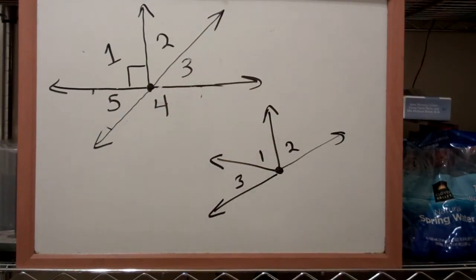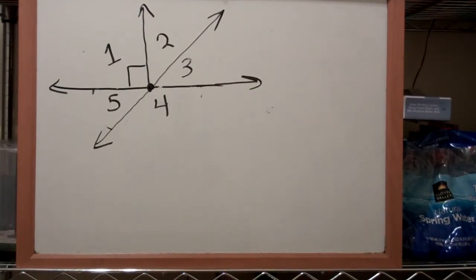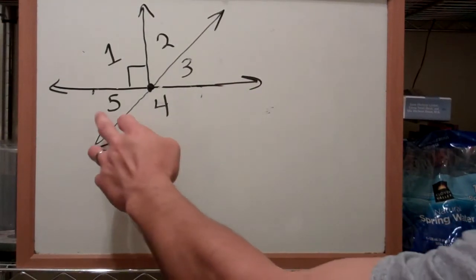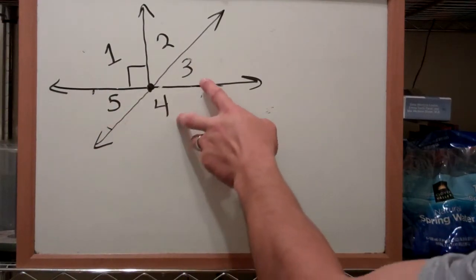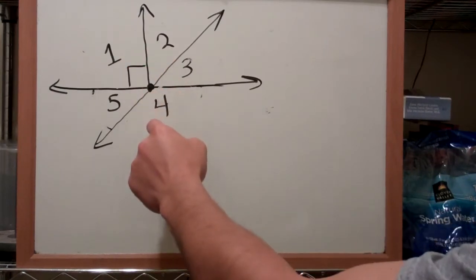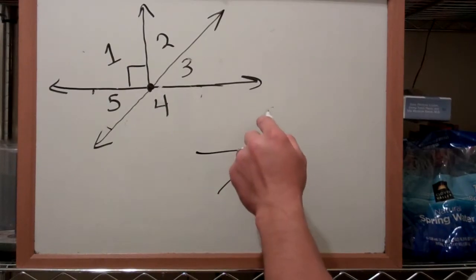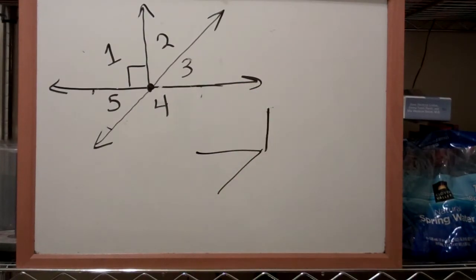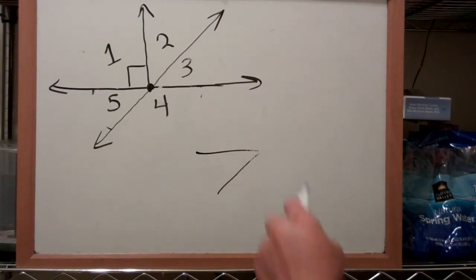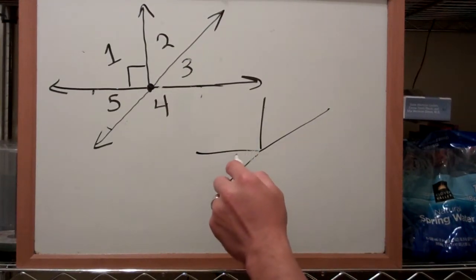In this diagram, we can say a number of angles are adjacent. We could say 5 and 4 are adjacent, 4 and 3 are adjacent, 2 and 3 are adjacent, 1 and 2, and 1 and 5. Be careful. Adjacent angles don't mean that you have this kind of figure.